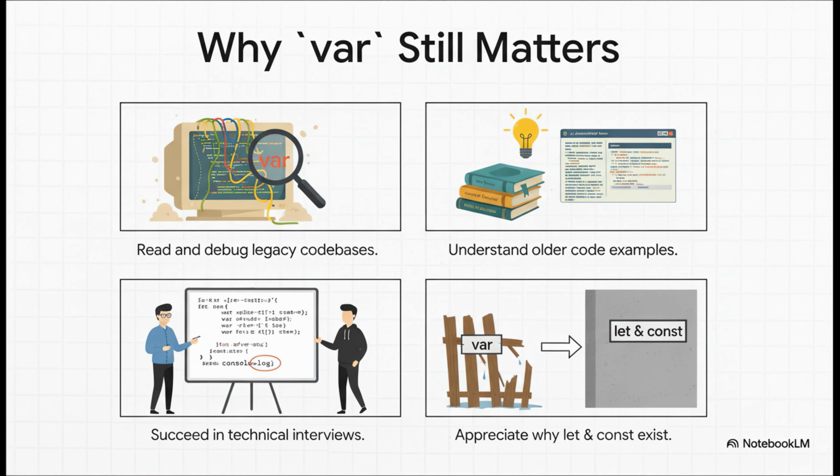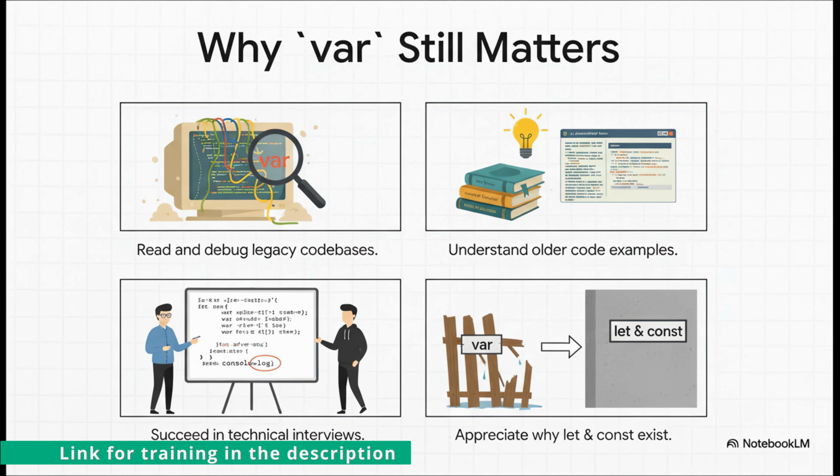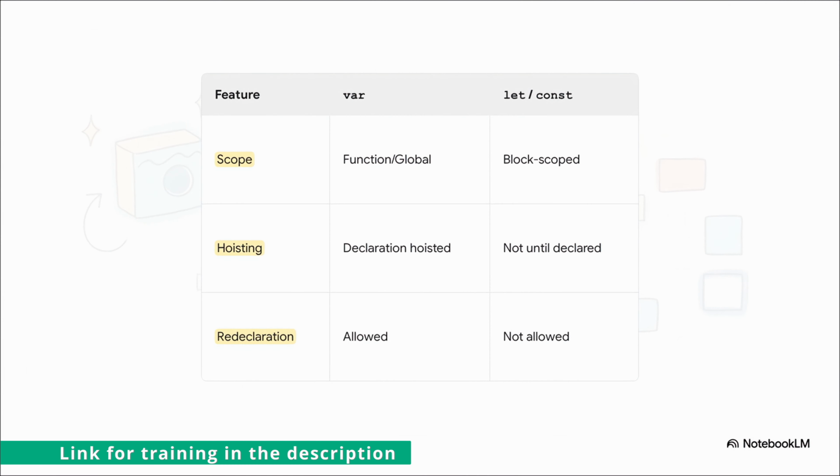And honestly, for me, the most important reason is this. When you understand all the problems var caused, you gain a whole new appreciation for why let and const were such a game changer for the language. And this little cheat sheet here just wraps it all up nicely. Let's do a quick rundown. Scope: var is function scoped. let and const are block scoped. Simple. Hoisting: var declarations get lifted up, which can cause those weird undefined situations. let and const?